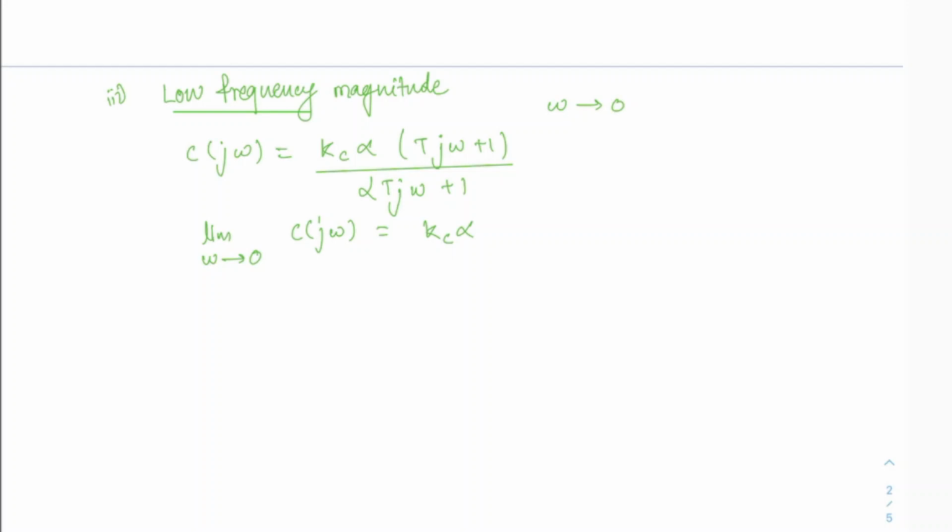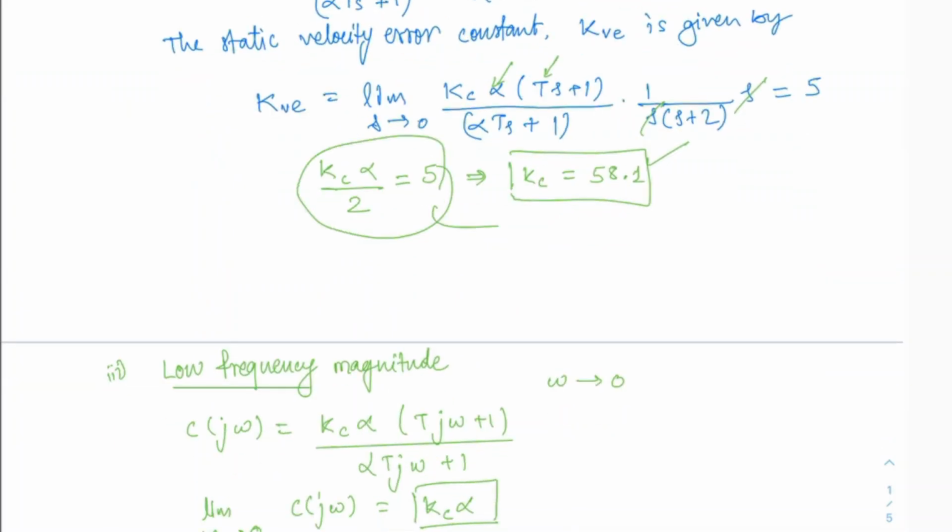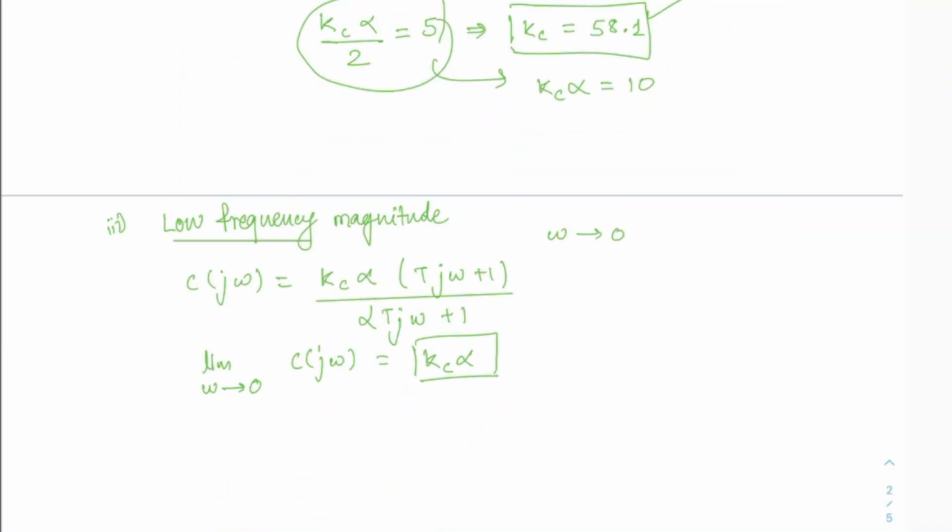So if we get the value for Kc into alpha, which was from here, is 10.